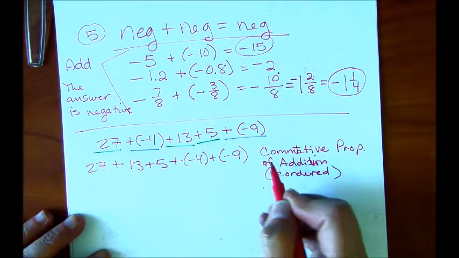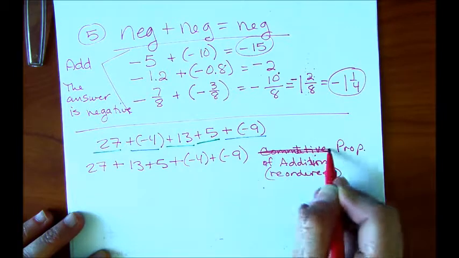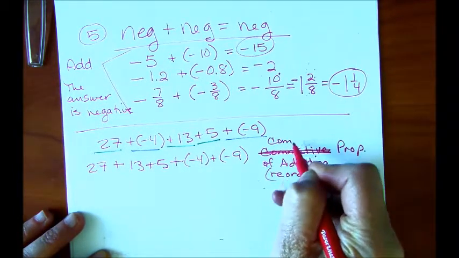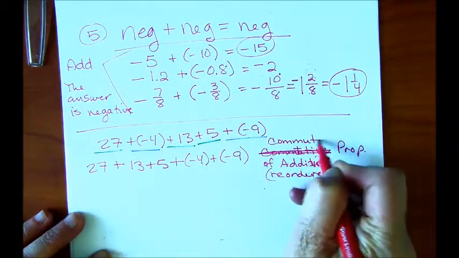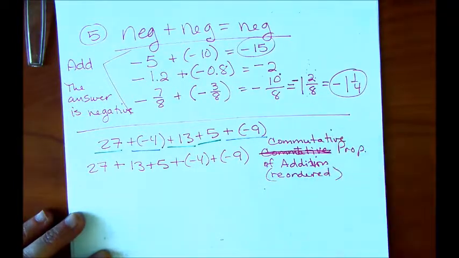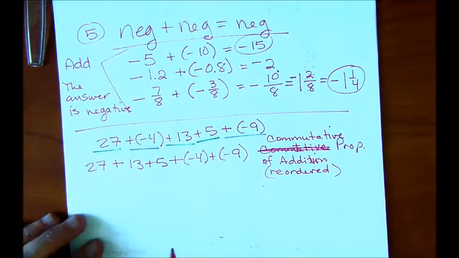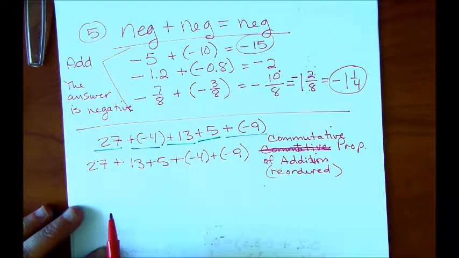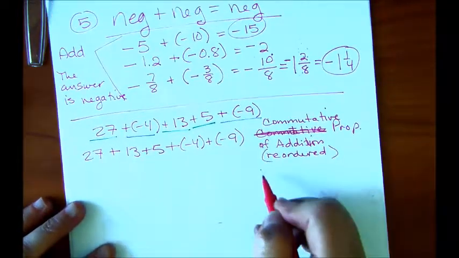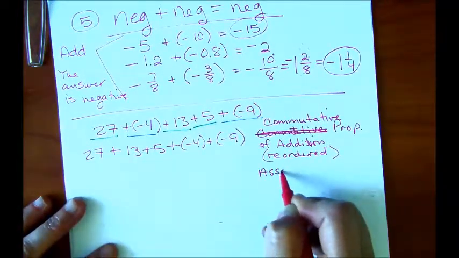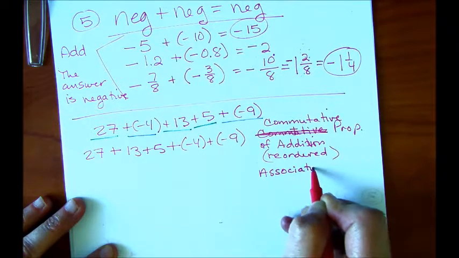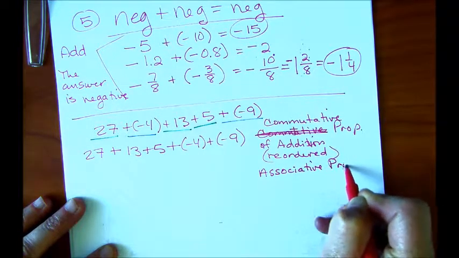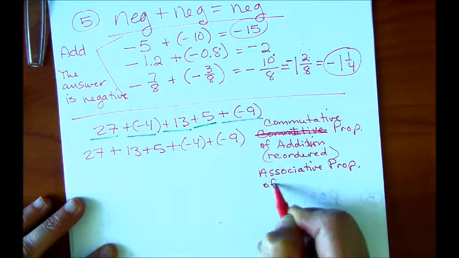That's basically what the commutative property is about. I think I spelled that wrong. Let me rewrite that: C-O-M-M, commutative. I apologize, I don't want to give you false information. Now the second property we're going to use is called the associative property of addition.